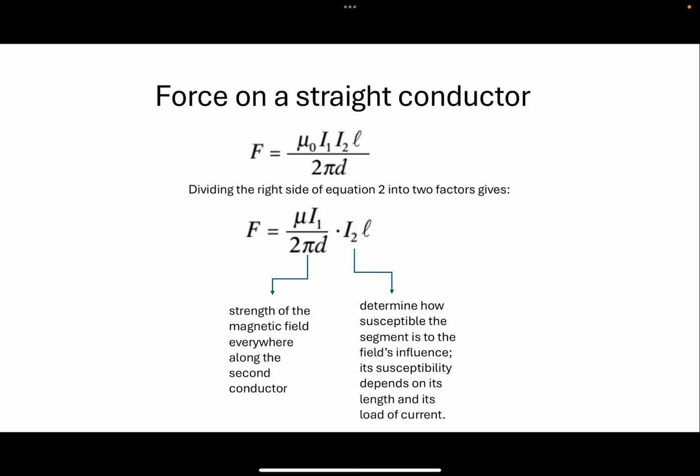That part of the formula alone gives us the strength of the magnetic field everywhere along the second conductor. Basically, it's dependent on how far you are from it and how much current is flowing through. The second part, the current in the second wire and the length, determines how susceptible that segment of the wire is to the field's influence. And its susceptibility basically depends on how long it is and how much current is going through it. Again, expressing many of these concepts that we've just been thinking about in math.